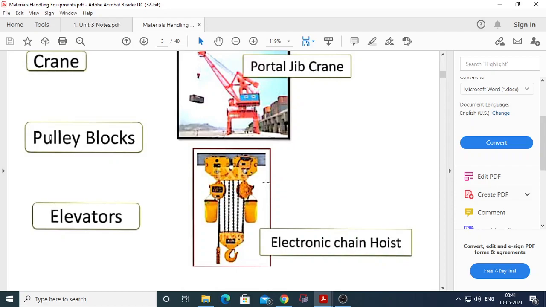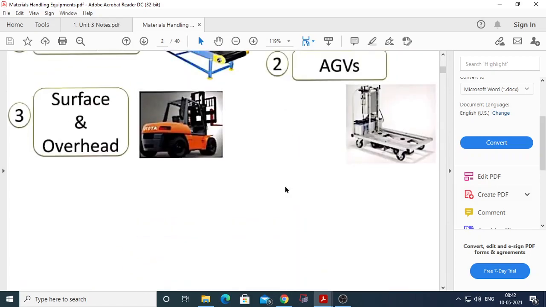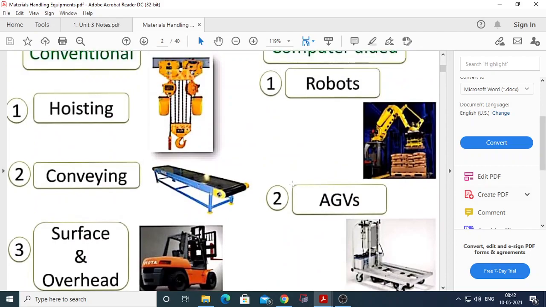That type of load we can transfer with the help of hoisting equipment. Okay, for example, move the load in batches also. Chain pulleys, cranes, elevators, we have seen this.